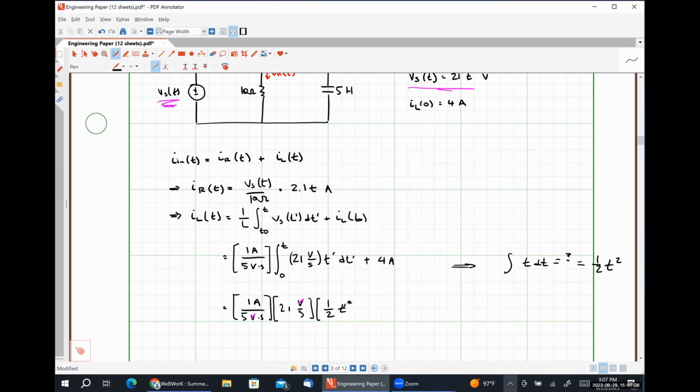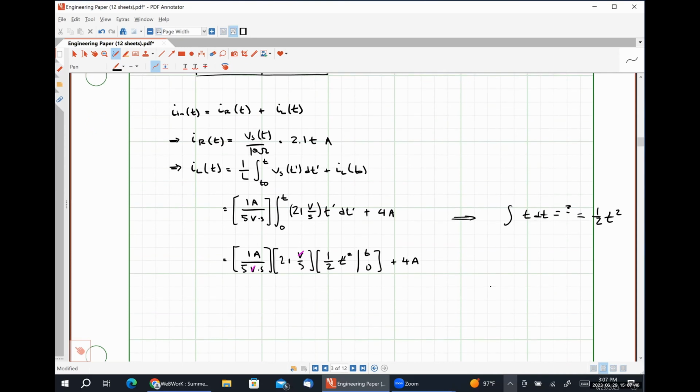So this will be 1/2 t prime squared evaluated at t and 0 plus 4 amps. So let's see, 21 over 5, oh, actually 21 over 10 is going to be 2.1. And then I'm going to have t squared.